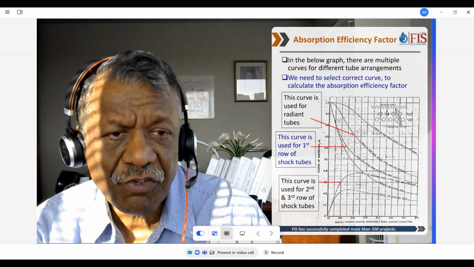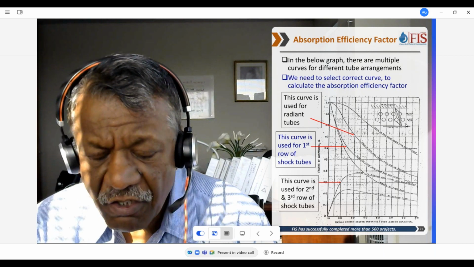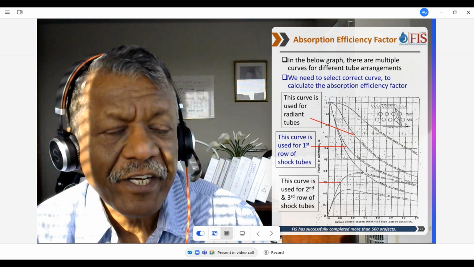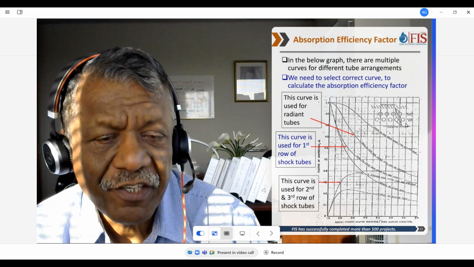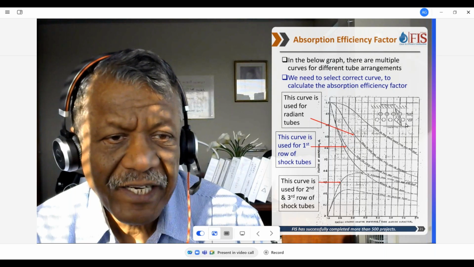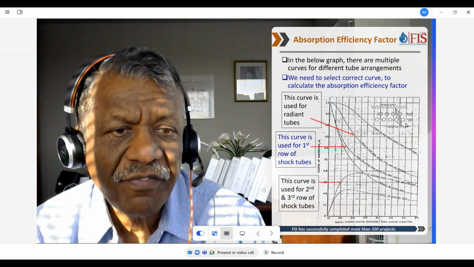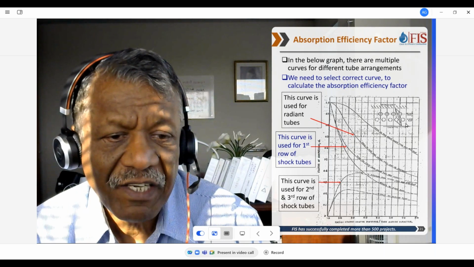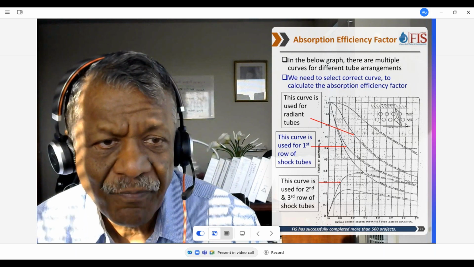And here you are seeing 2 rows. So I want to clarify something. In the old heaters, if you see heaters made in the 1930s, 1940s, 1950s, you may find 2 rows of tubes, and especially at the arch level, we have seen even in heaters built around the 1950s, 1960s, 2 rows of tubes.